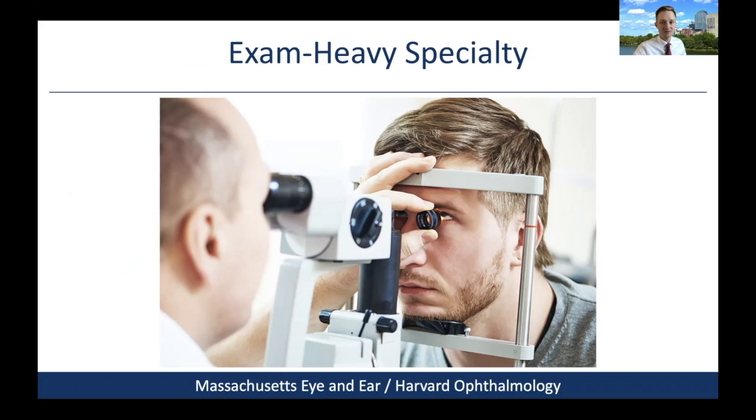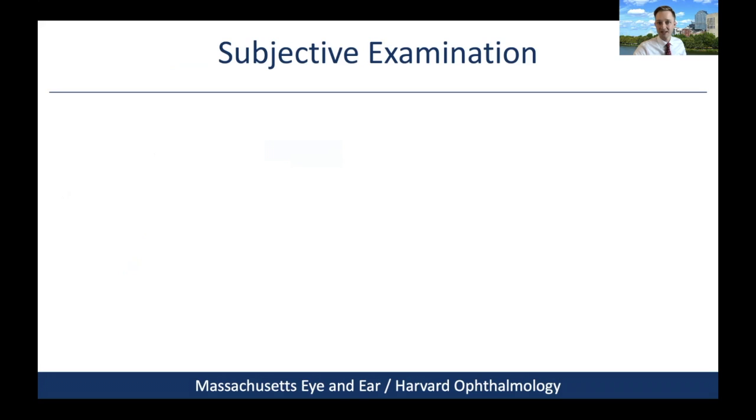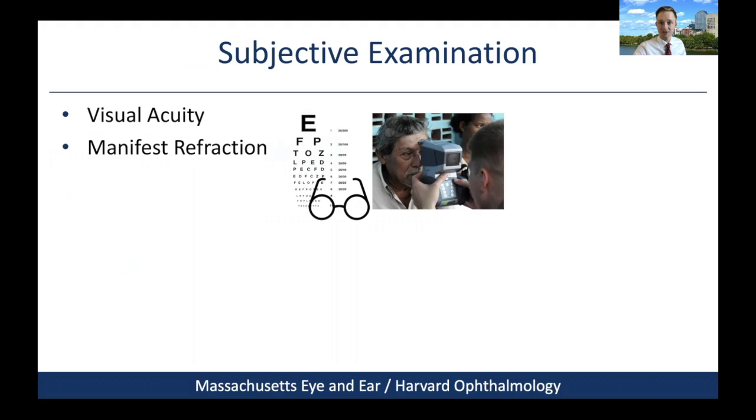This is especially useful in ophthalmology because we have such an exam-heavy specialty. And so what kind of exam techniques and images and testing can we perform? Well, in terms of subjective examination, we can check visual acuity. The technician, when they come in, can check the visual acuity for you. And they can also do a manifest refraction, or if that's not possible, they can at least obtain an autorefraction.